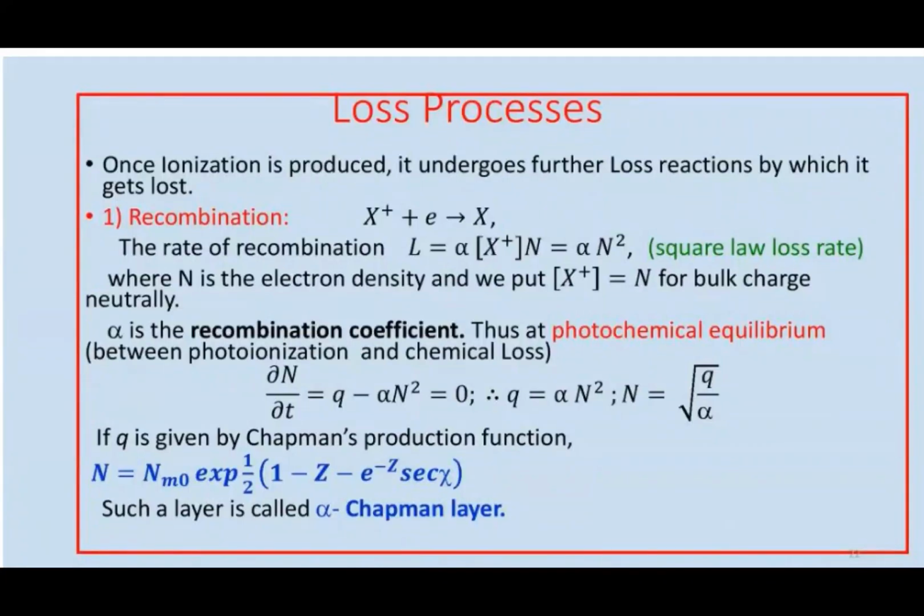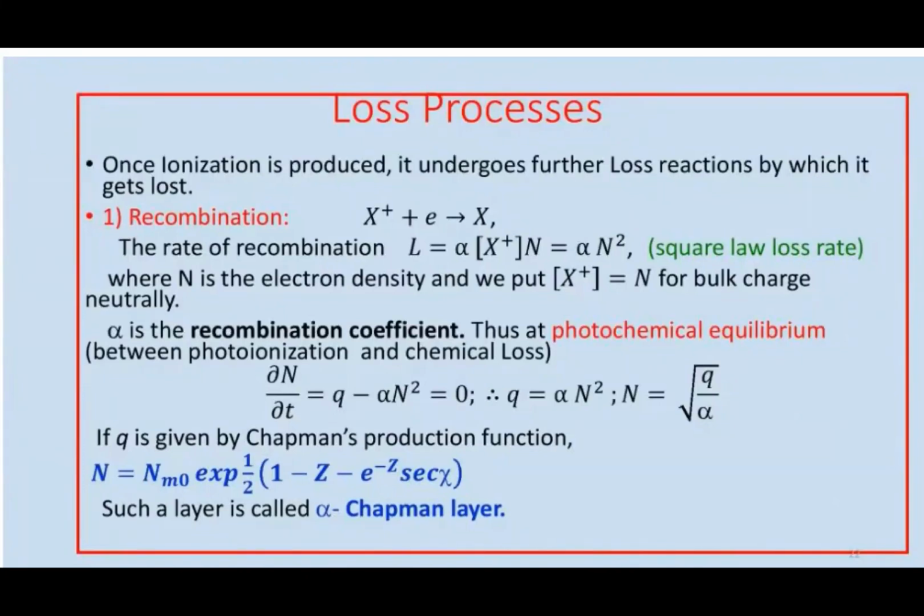So if this is the kind of loss rate, then we can establish a balance between production and loss, which is called photochemical equilibrium. Then the rate of change of electron density should be equal to production minus loss. And when equilibrium is attained, dN by dt should be 0, or Q will be equal to alpha n square, or electron density n will be the square root of Q upon alpha. We have an expression for Q from Chapman's production function, and alpha is a constant.